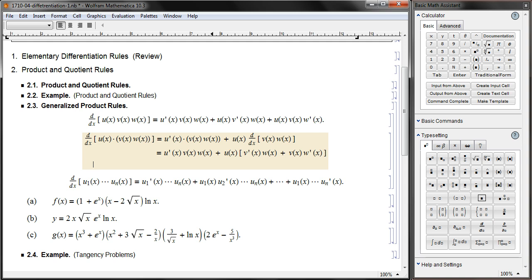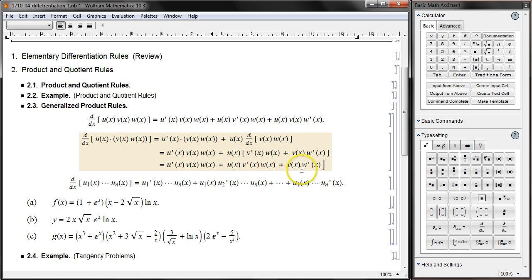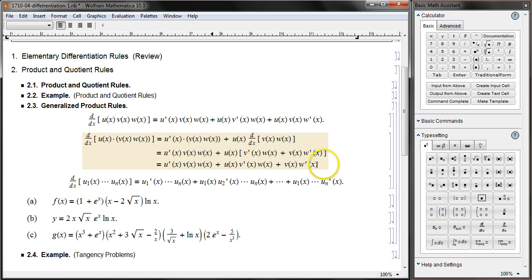If you distribute that around, then you're gonna get what you want. The first is all set, and then distribute, then u of x times v prime of x w of x. Now multiply u of x there, so no bracket here, but you have u of x there.